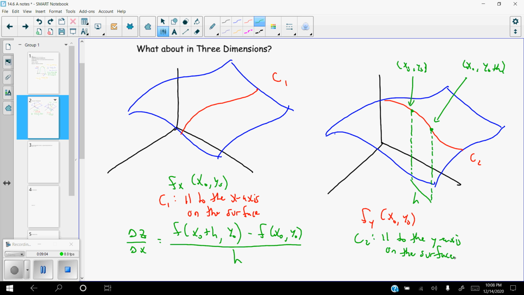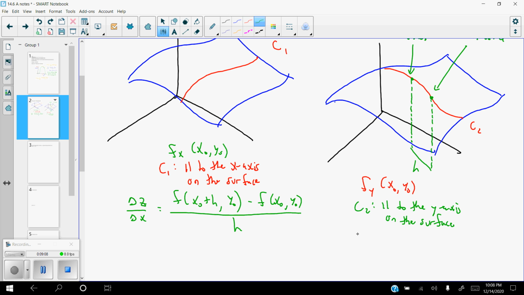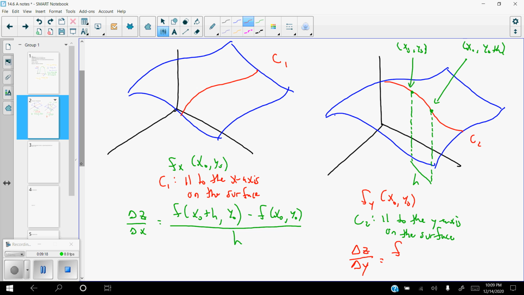So the change of z with respect to y, going back to red, is going to be f of x sub 0, y sub 0 plus h, because the y value changed, minus the initial point, all over h.